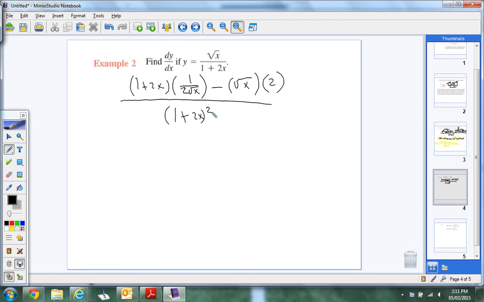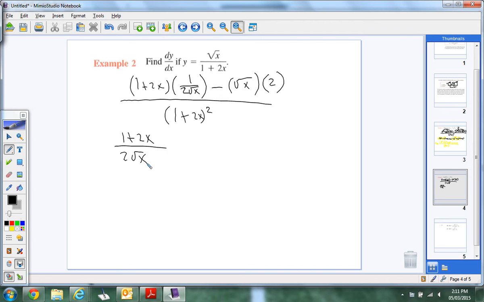What do we want to do now? This is the kind of game that you're going to have to do a lot in this class, so you need to get good at this. What I mean by that is that I essentially put this on top, so I'm going to have 1 plus 2x over 2 root x.